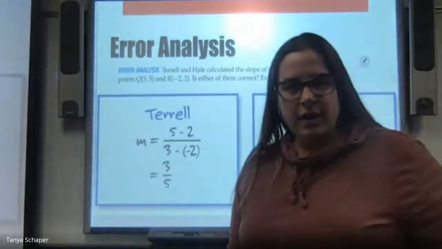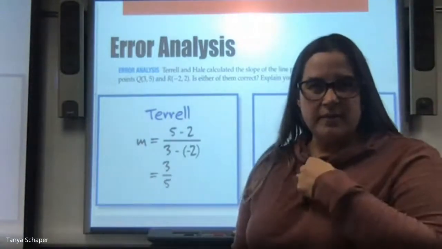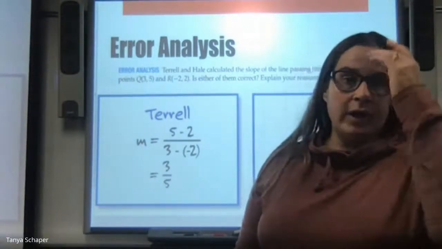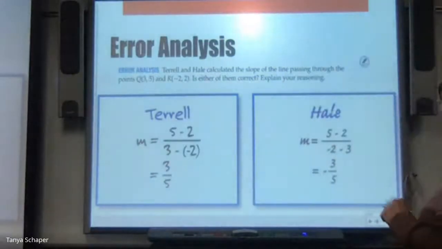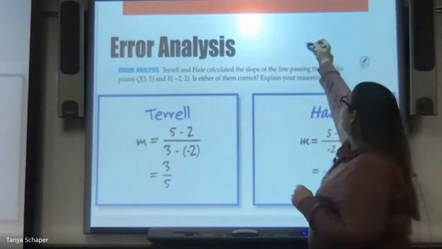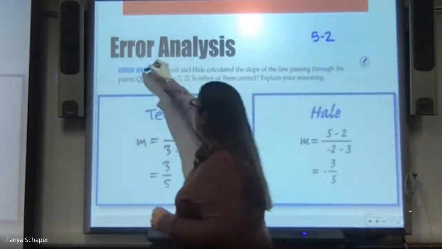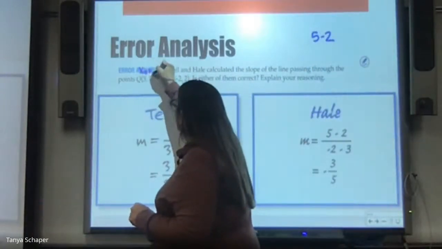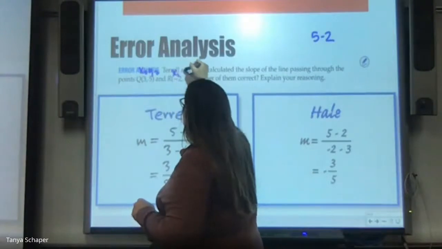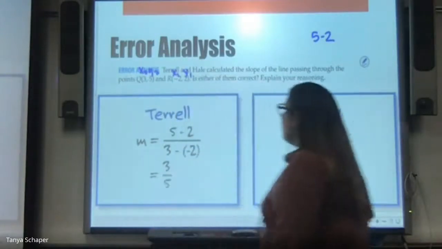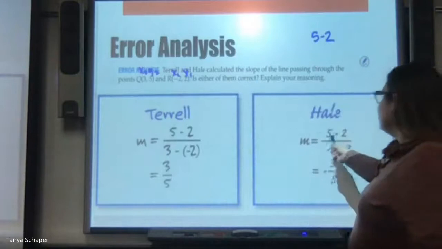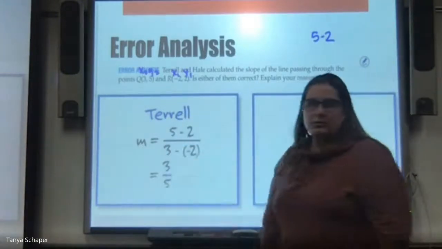Sometimes when I do an error analysis, I actually need to solve the problem first to see where the mistake would be. So I'm going to do that. I'm going to take 5 minus 2, so y sub 2 and x sub 2. You might be asking, why are you doing it that way, Shopper? Because I noticed that in both cases they put the 5 first, and that was y sub 2.